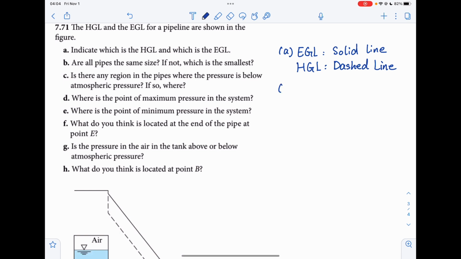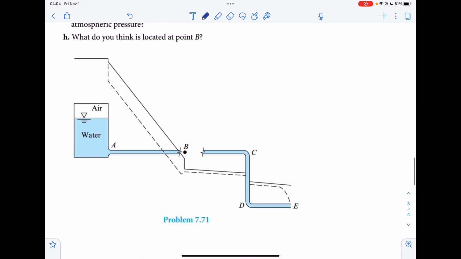Okay, so the next problem is asking, are all pipes the same size? If not, which one is the smallest? So when we look at this figure here, we can see the difference between the energy grid line and hydraulic grid line is changing. That means the velocity head is different, which means the velocity is different in the entire system.